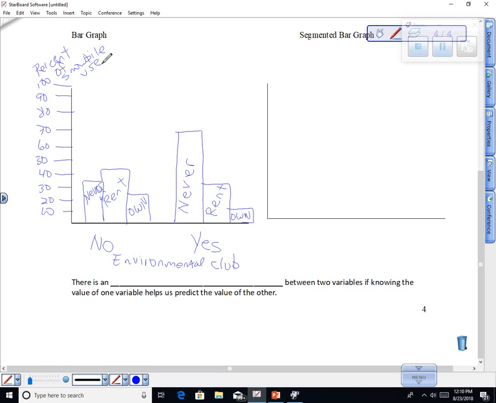All right. And so now we're going to do what's called a segmented bar graph. We're going to scale it up to 100%. Okay. So just like we did before, we'll label it pretty much the same way. It's just we're going to stack these bars on top of each other instead of side by side. Okay. So this on the left is your side by side. On the right is going to be your segmented. All right, so let me do the percentages real quick.